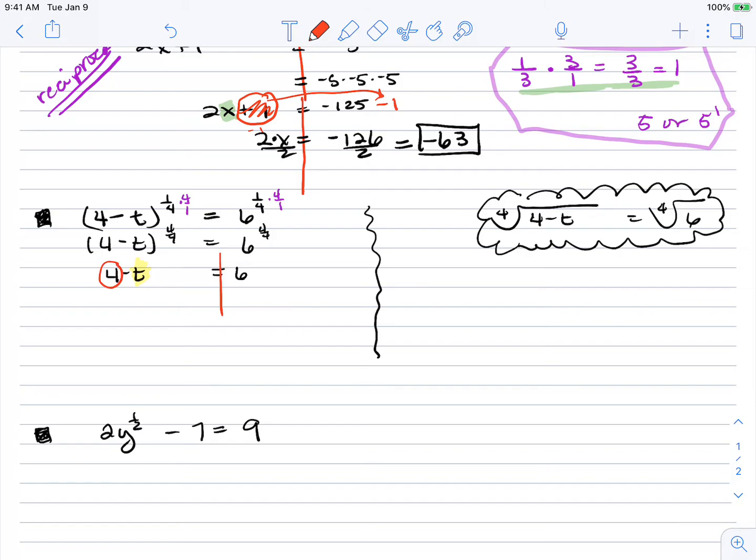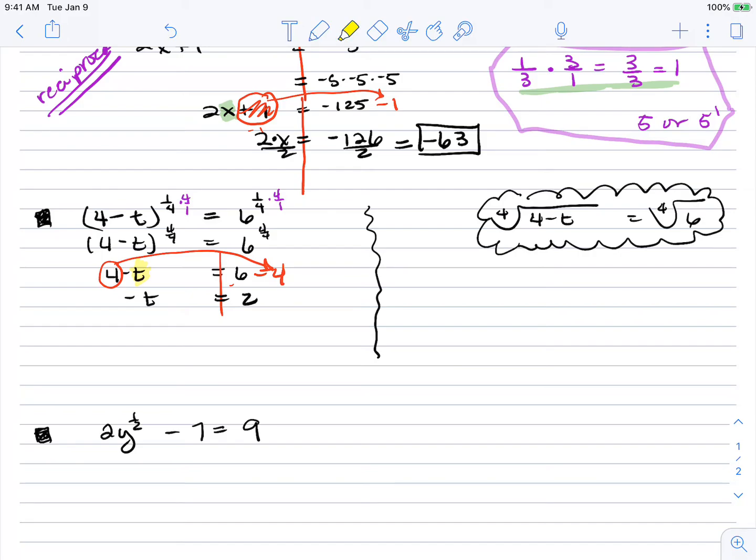If I wanted to do the opposite operation, I would minus 4 and minus 4, but I'm going to circle and move it to the other side, and I'm going to change its sign because it's the same thing as subtracting 4 from both sides. And that's going to give me negative t equals 6 minus 4, which is 2.